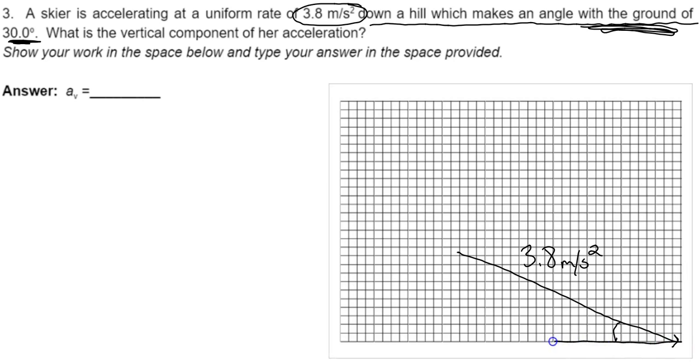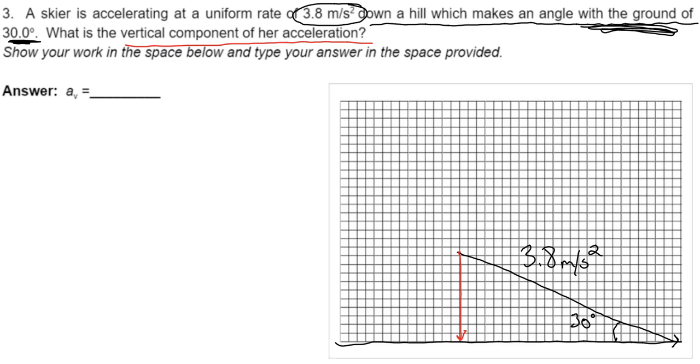Here's our ground down at the bottom of the graph, making an angle of 30 degrees. What we are trying to figure out is the vertical component of the acceleration, the acceleration in the vertical direction.